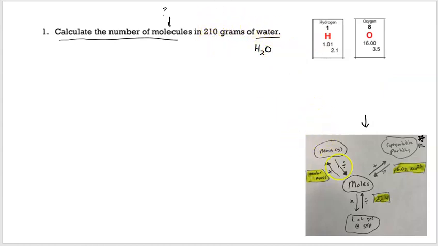Where are we starting? In this example, we are given a value, 210 grams. So this is where we're starting. We have to figure out how to go from mass to moles, and from moles to representative particles. Let's keep that in mind as we go, and hopefully that will help us navigate.